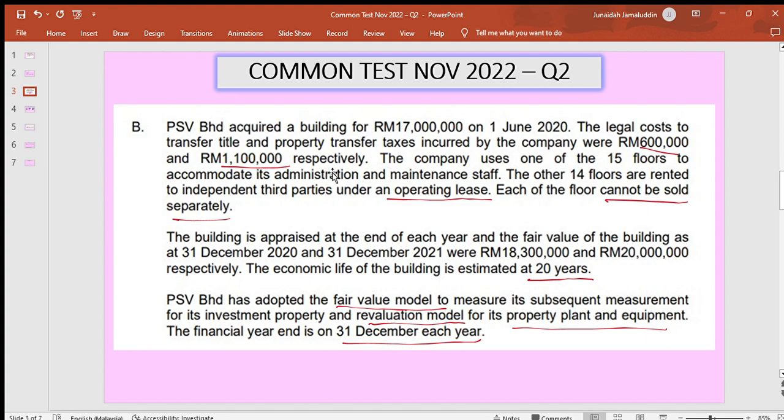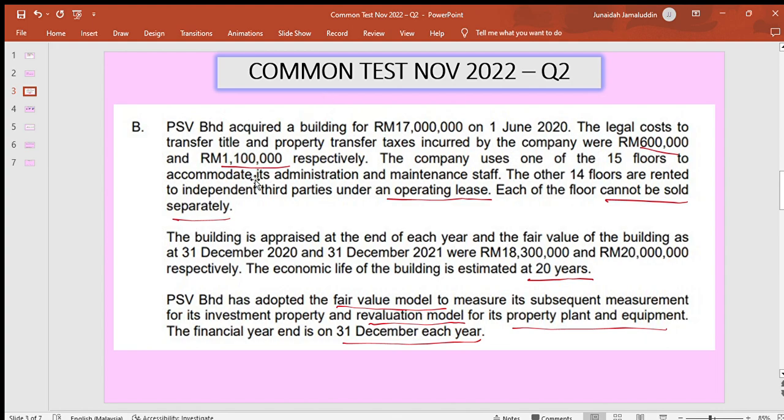So 1 over 15 floors, that means cuma berapa persen? Cuma dalam 7%, 7% saja daripada keseluruhan bangunan tu was occupied by owner and employee of the building, kan? So hanya 7% saja. Satu daripada 15 tingkat, okay.